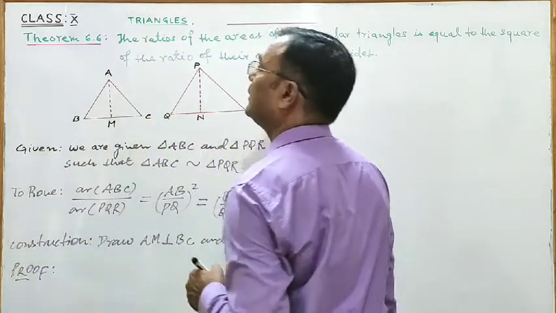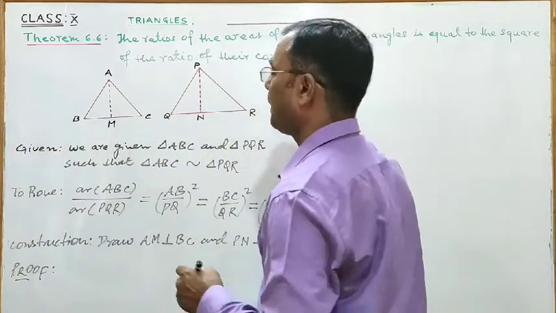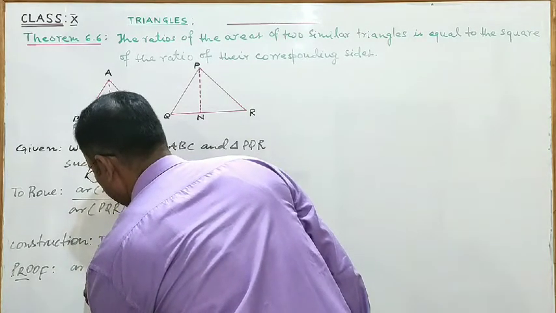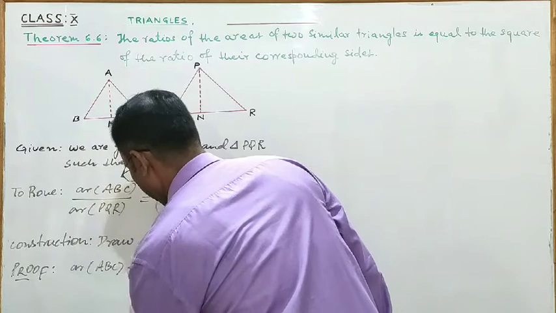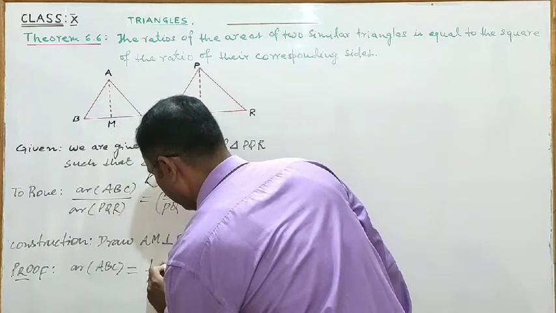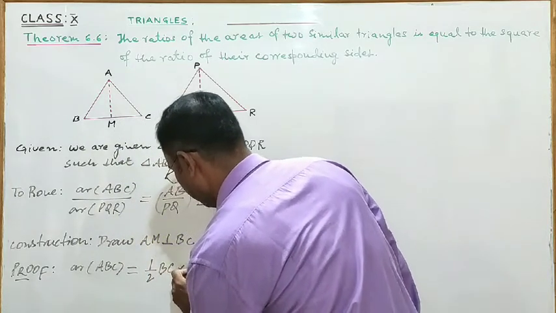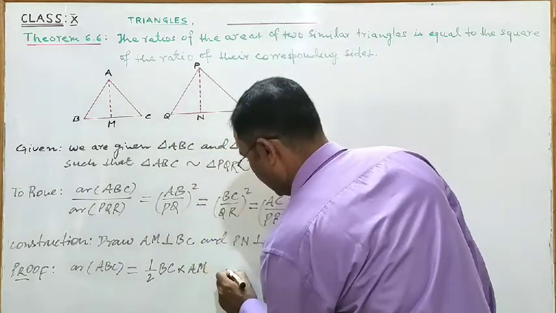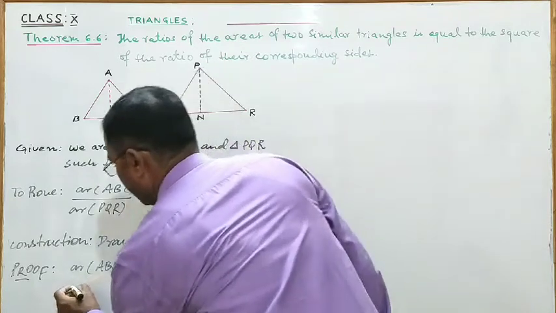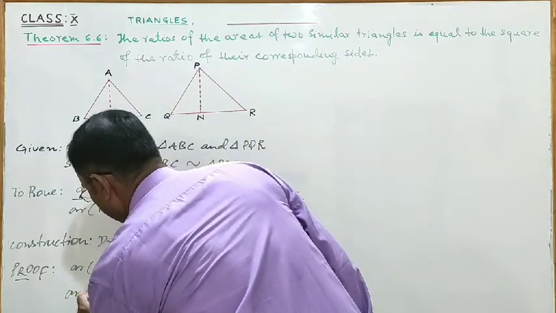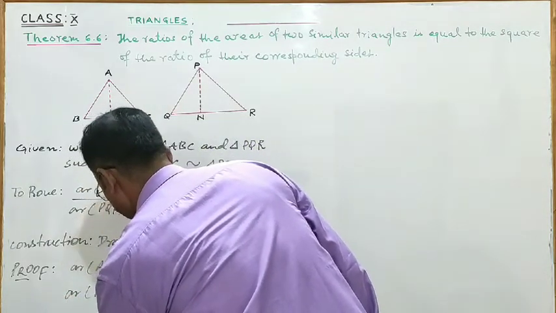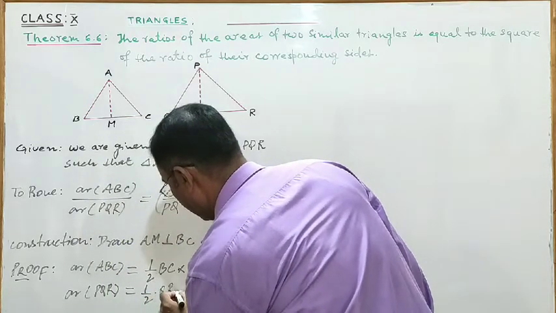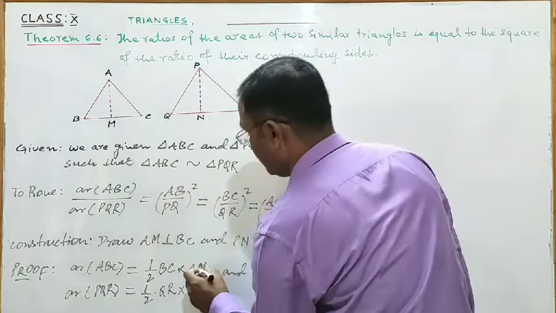Now let's start the proof of this theorem. Area of triangle ABC is equal to half into base BC into altitude AM, and area of triangle PQR is equal to half into base QR into altitude PN.